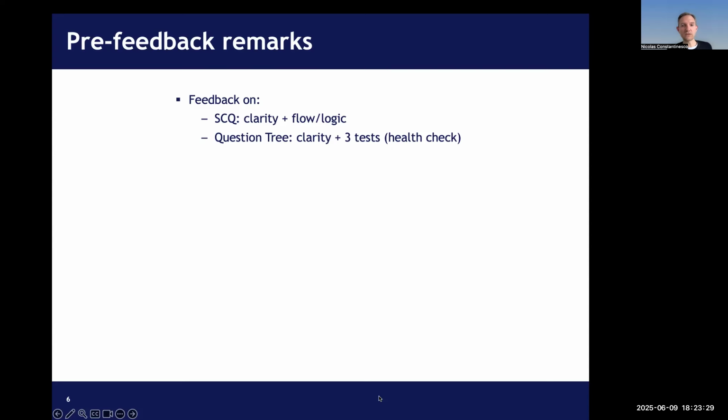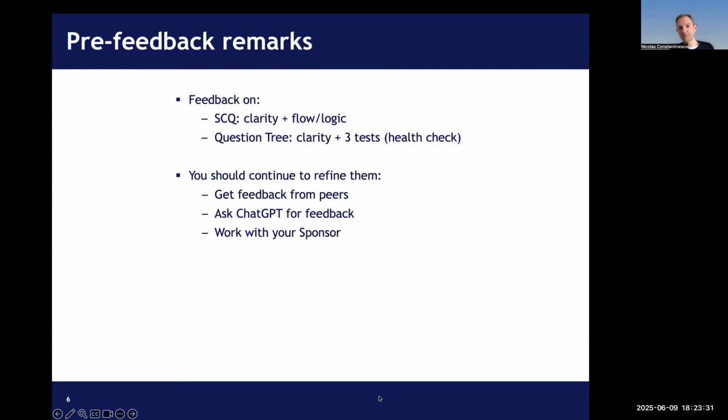You should continue to refine them, whether you are people who submitted here or not. Get feedback from peers. I actually think asking ChatGPT for feedback on your question trees is really good, as long as you provide ChatGPT with enough context about your problem, and you give it the rules about what you want feedback on.